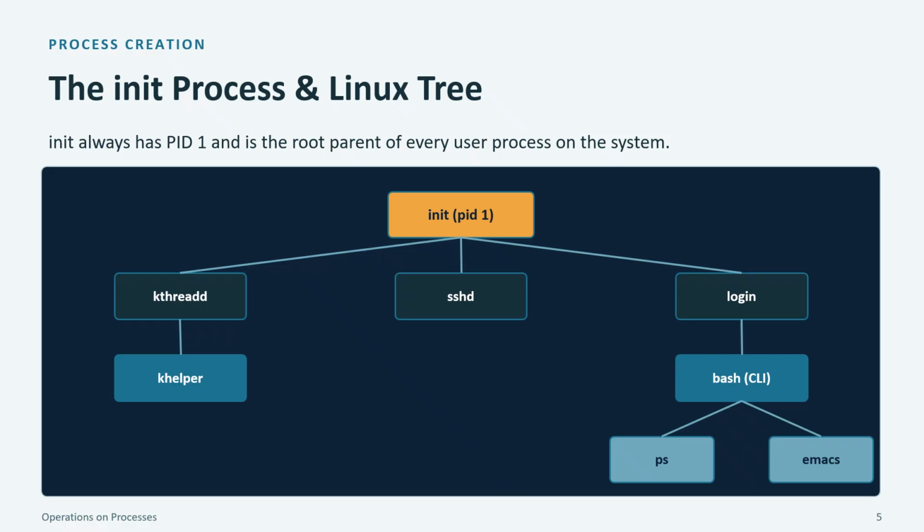A user command line shell such as bash can also create additional processes. For example, when a user enters a command, bash may create a process to execute that command. Therefore, the process tree keeps growing depending on the activities performed by the system and the users. The important idea here is that processes are organized hierarchically. A parent can create children, and those children can create further processes.